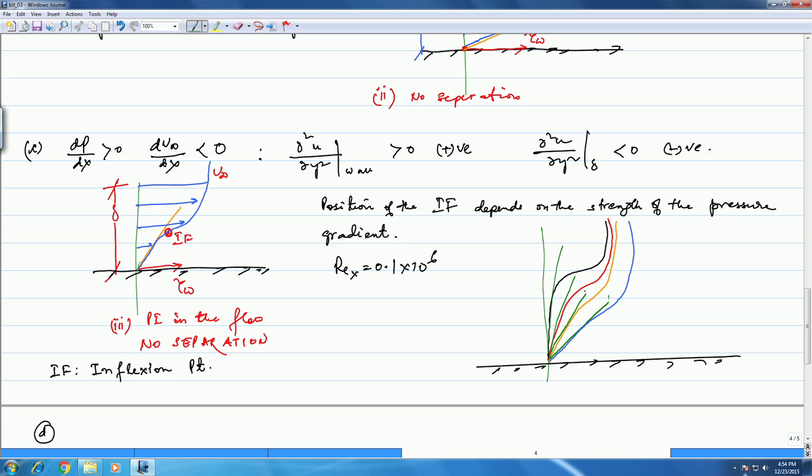So basically curves 1, 2, 3, and 4. As you can see, these slopes are different, and it changes. It changes slope maybe somewhere here, maybe somewhere here, and maybe somewhere here. Where it lies depends on the strength.